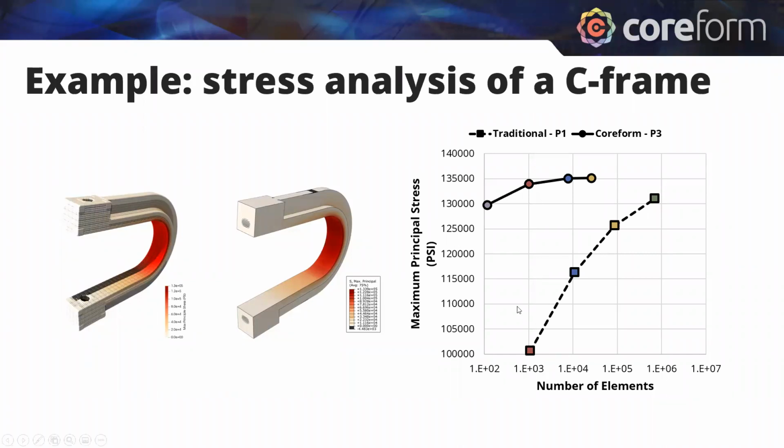If you look at the convergence to our solution with cubic U-splines, we've essentially converged to the solution in a bit under 10,000 elements. And we're honestly really close, even around only 1,000 elements. Whereas with traditional linear elements, we haven't even converged to a solution at 1 million elements.